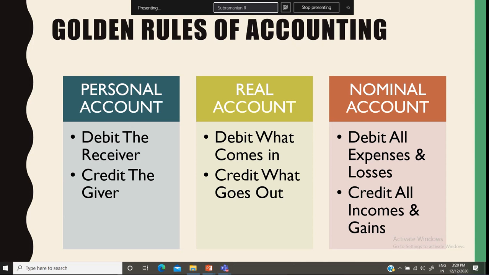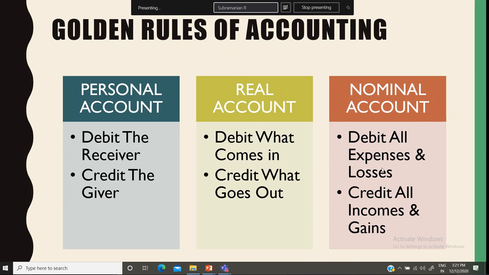If you are paying, it is an expense, so it will be debited. If you receive commission, interest or rent, it is an income for you, so it has to be credited, not debited. So you must have clarity.